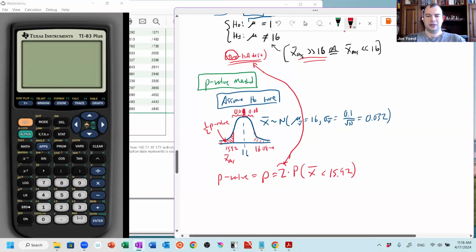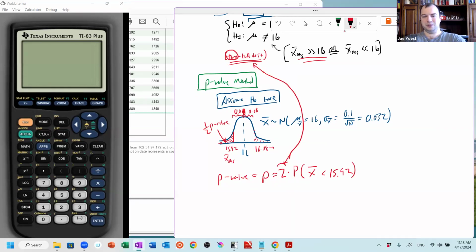Okay, well, at this point, this is just a normal distribution question, right? Getting this all set up and deciding what a p-value is and all of that is new. These are newer ideas, but answering the question right now, this is just normal distribution stuff.